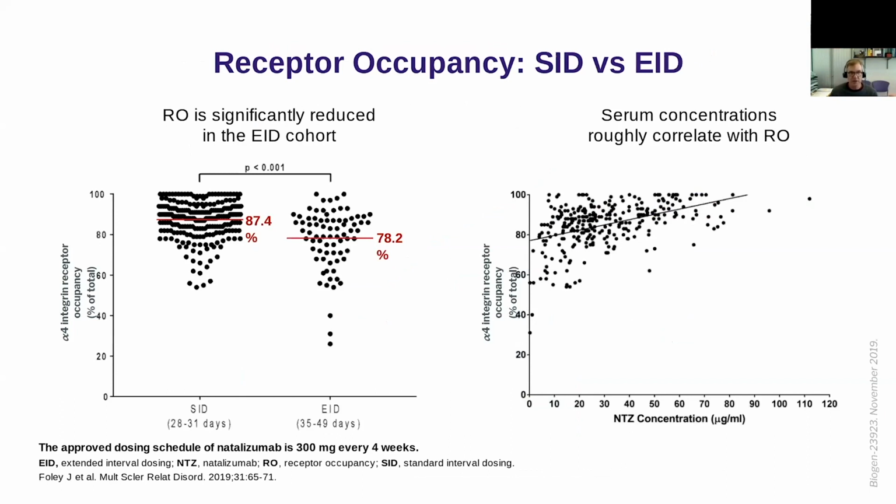So this is data looking at the alpha-4 integrin occupancy, and you can see with extended interval dosing from about 6 weeks to 7 weeks there, it drops, and the natalizumab concentration also drops.